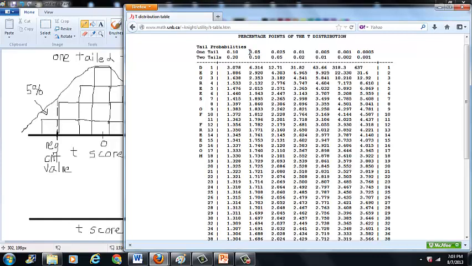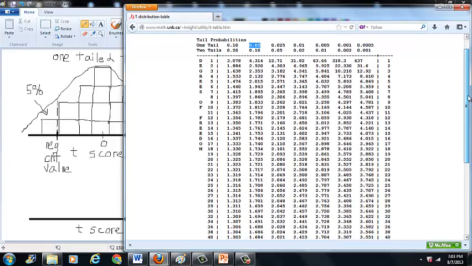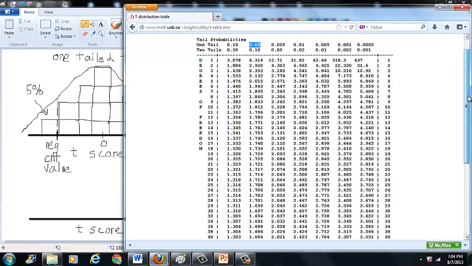So we go to one tail, we go to 0.05. The reason we're using 0.05 is because each of these critical values has 5% beyond it. There's a 5% piece down here and a 5% piece at the upper end.